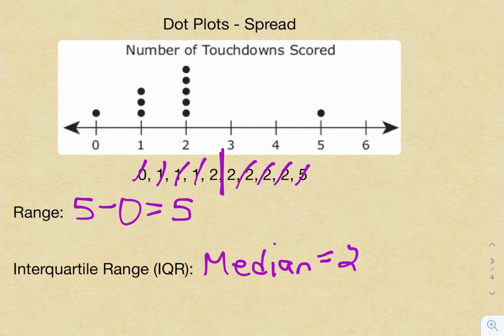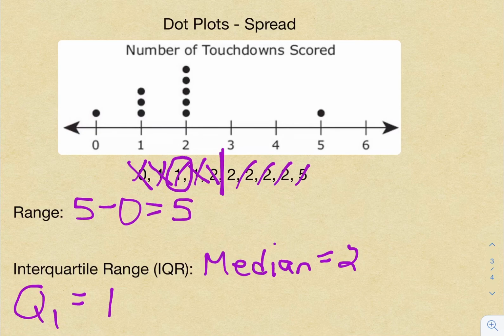What do we need to find next? Next up, we are finding quartile 1, our first quartile, which is the median of the lower half of the data. So we're going to mark out, mark out, mark out, mark out, and we're left with 1.